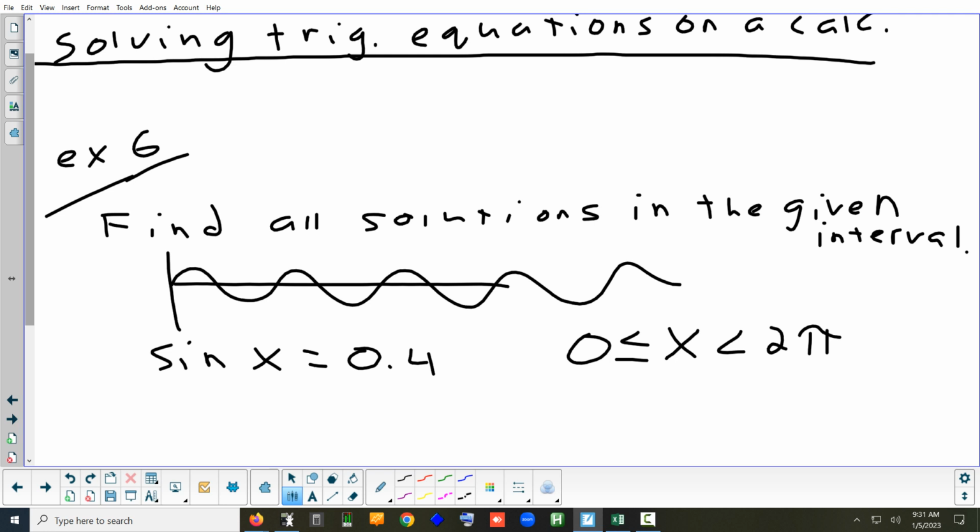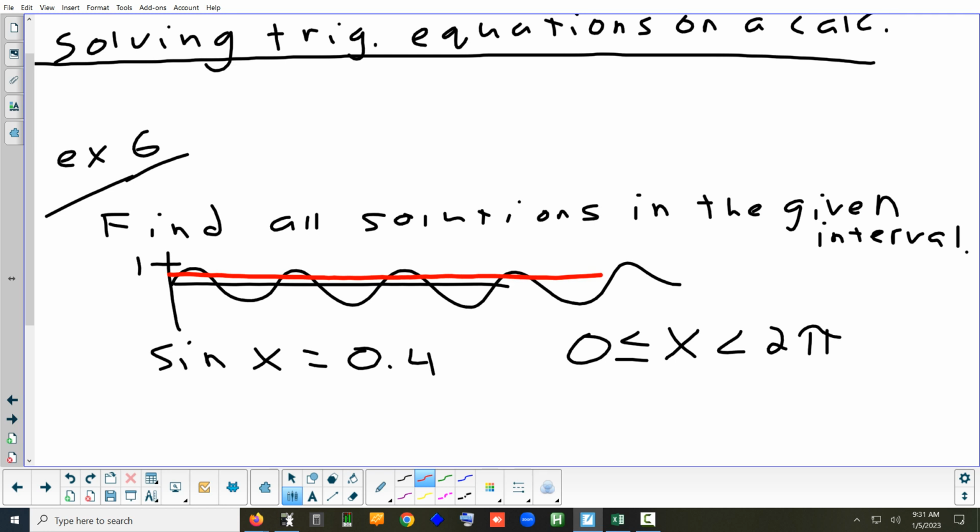On the y-axis. It is horizontal. Can anybody be more specific about where it is? I agree, it is horizontal, but there's a lot of lines that are horizontal. It's at 0.4. So we know this would be 1, and 0.4 would be somewhere right around there.